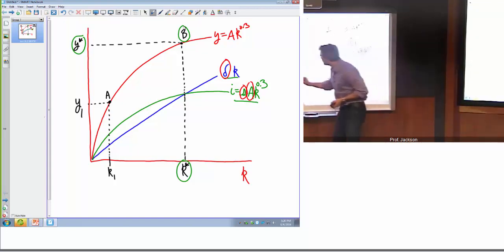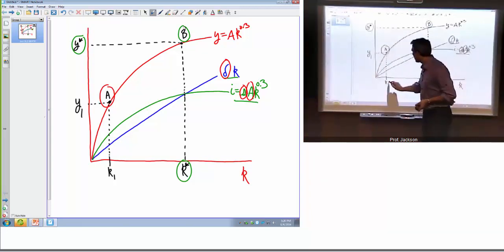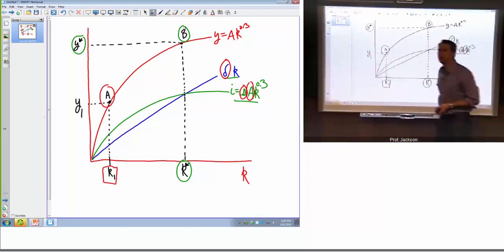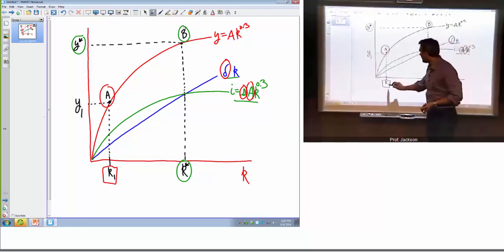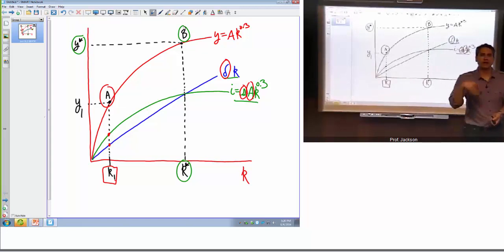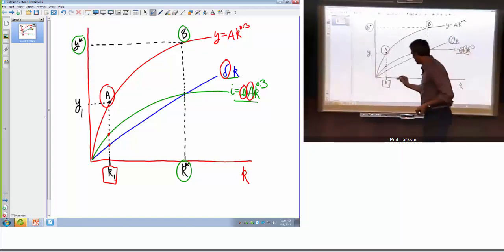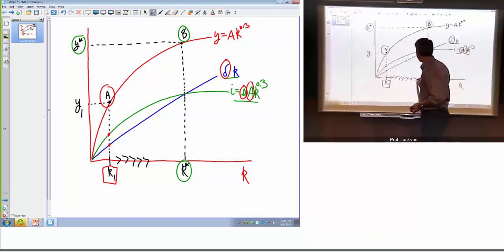And so you can imagine a situation where country A is sitting here. They're starting out at a relatively low level of capital. And so what we know from these basic dynamics is that at the capital level K1, the amount of investment that goes on in the economy is greater than depreciation. And so what that means is there's going to be a net increase in capital over time. So as capital grows, this economy A is going to increase and accumulate more and more capital.